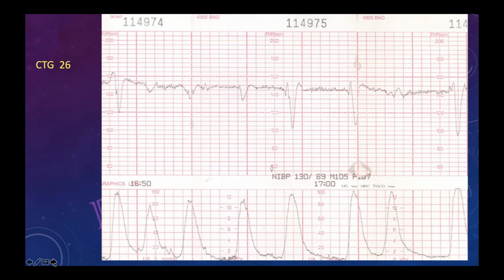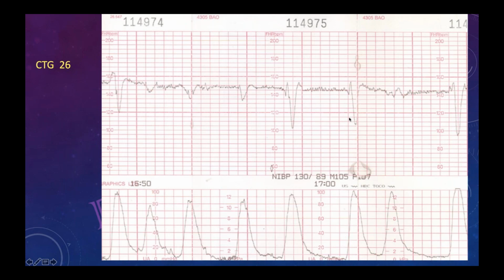There are 3 contractions in 10 minutes, and the baseline heart rate is around 145 per minute. And there are early decelerations, almost mirror image. Variable decelerations. These are variable, in different shape and size.